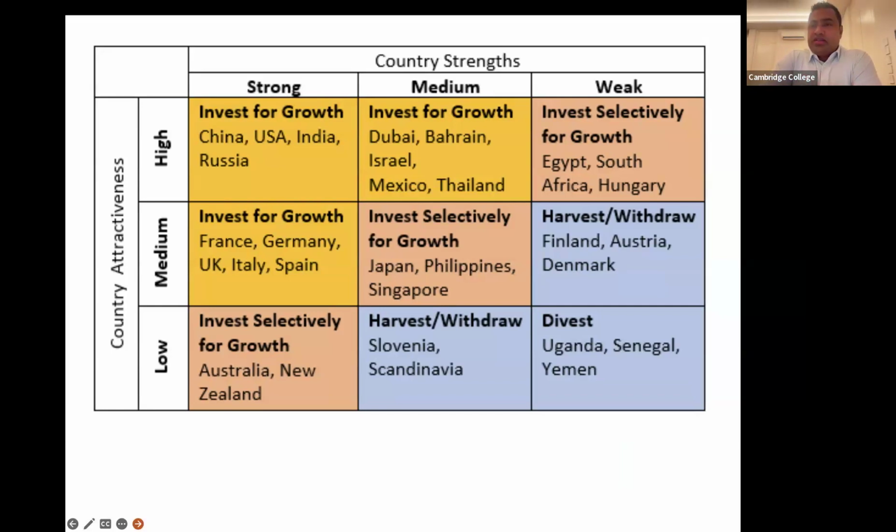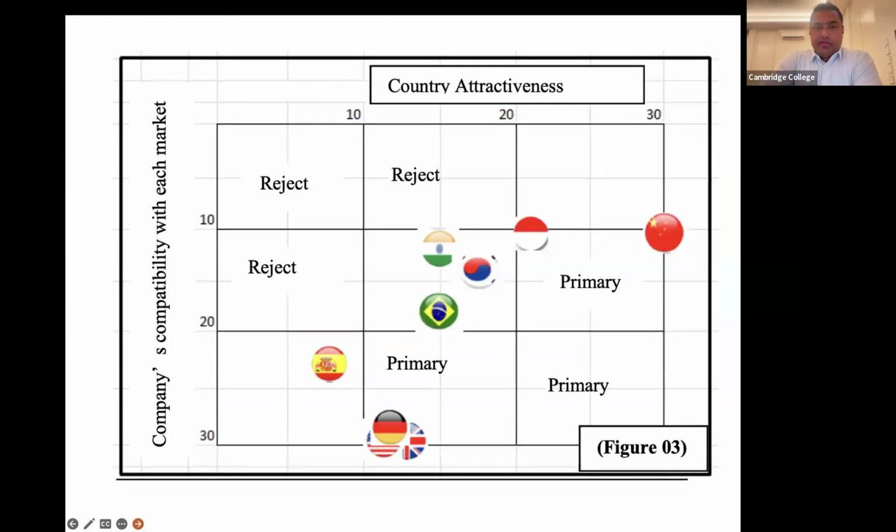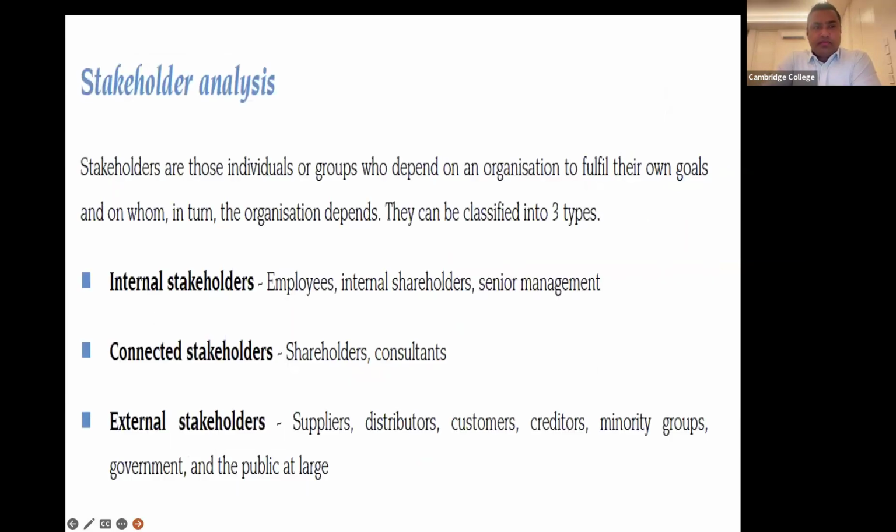So in most assignments, you'll see we use GE to analyze the country markets in international marketing and the BCG matrix to analyze the portfolio. I hope it is clear, right? So here are some other examples or screenshots of students, right?